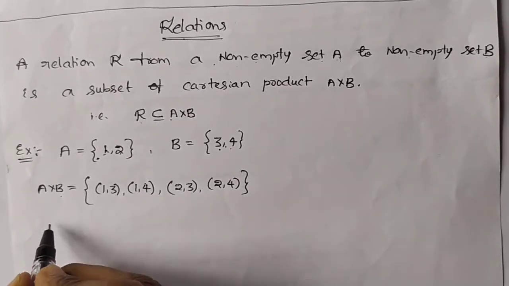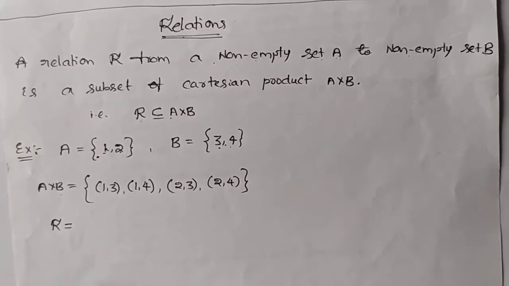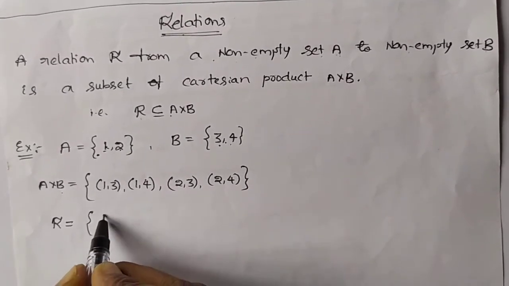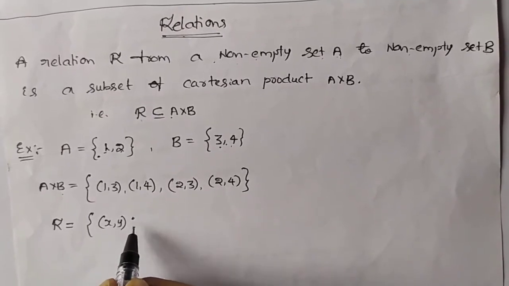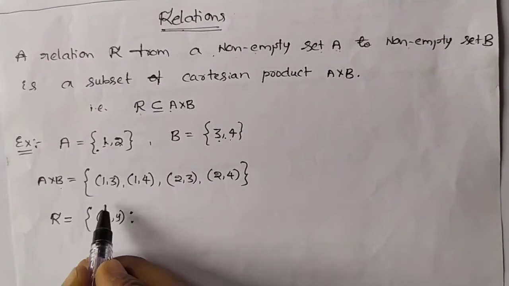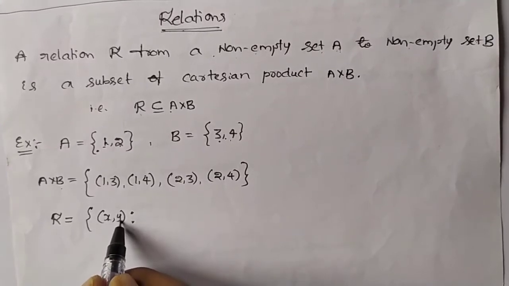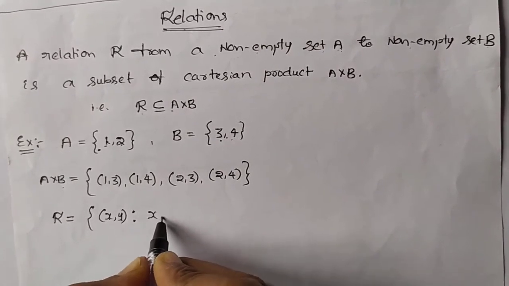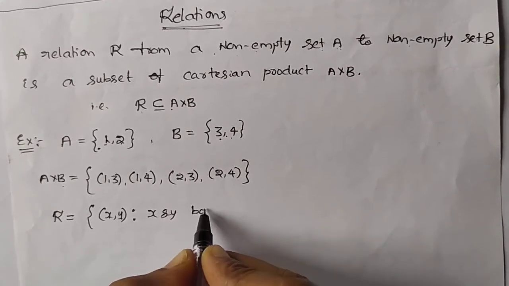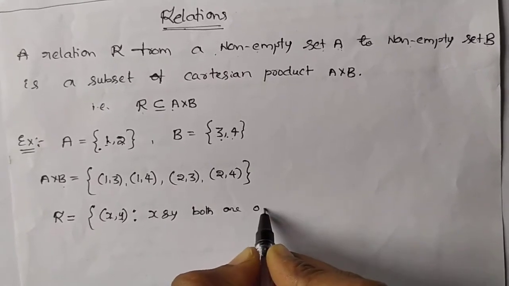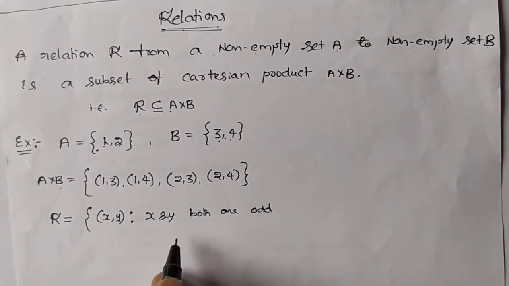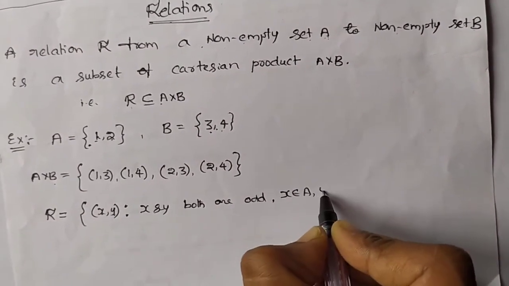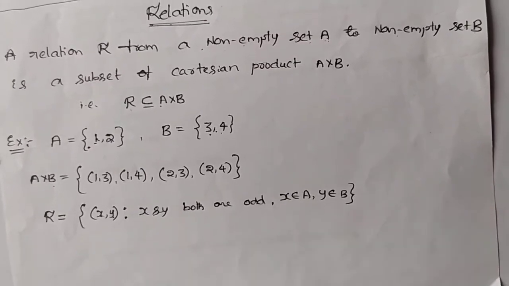I will define one relation. The ordered pairs (x, y) such that x is the first element and y is the second element, and x and y both are odd, where x belongs to the set A and y belongs to the set B. It is one relation.